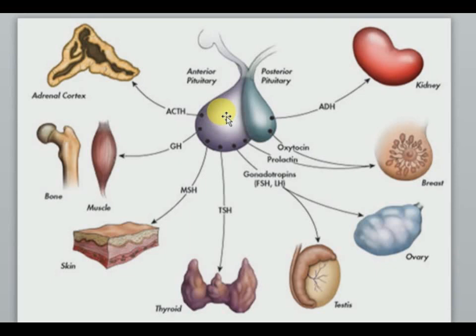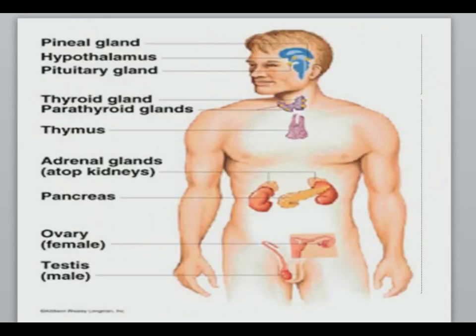Please bear in mind at this juncture that this podcast, this very one, is just an overview of the entirety of the endocrine system. In subsequent classes, you will get a more detailed explanation on each of these.